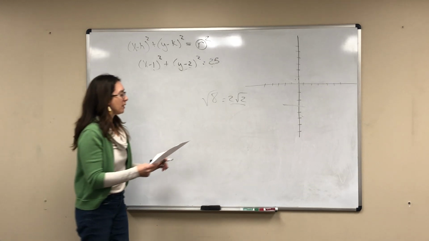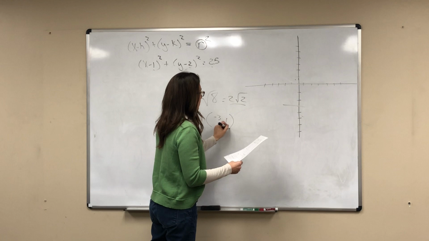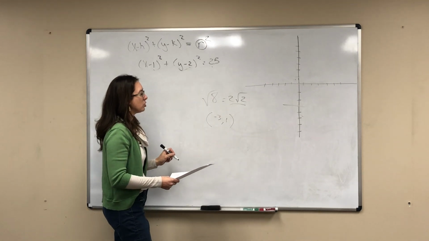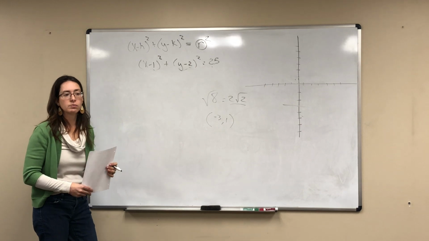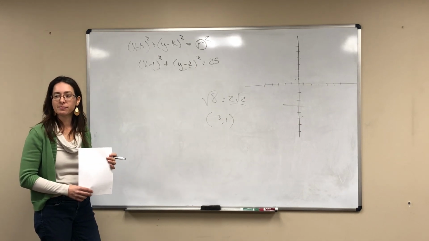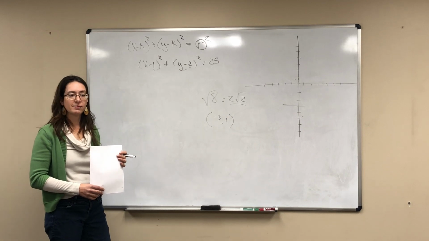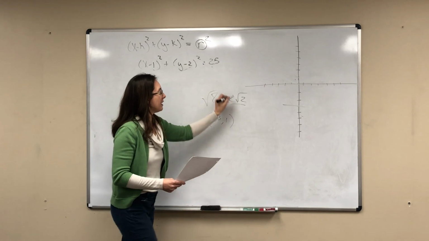Okay. So if we know our center is at -3, 1, and my radius is 2 square roots of 2, give me a point on that circle. Any point. That's the radius.